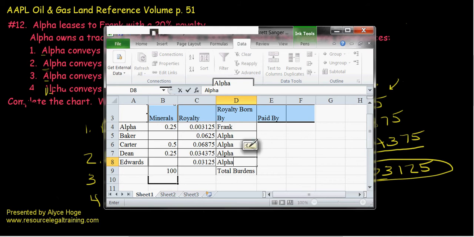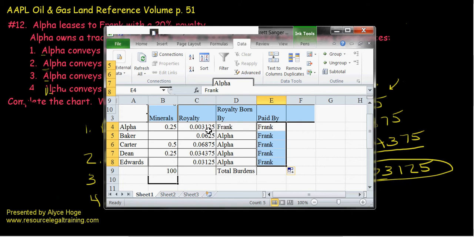Now in reality, what's going to happen is Frank is going to pay all these royalty payments. Even though Alpha created them, Frank is going to be the one paying all those royalty payments. So this is what your chart would end up looking like. For the minerals, Alpha has a 0.25, Carter has a 50% or 0.5, and Dean has a 0.25.